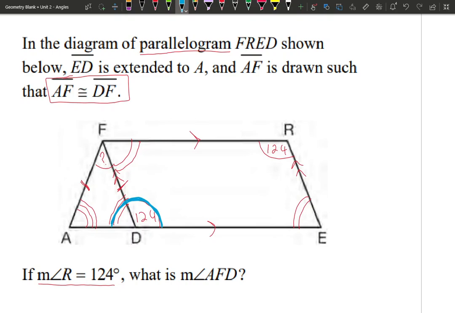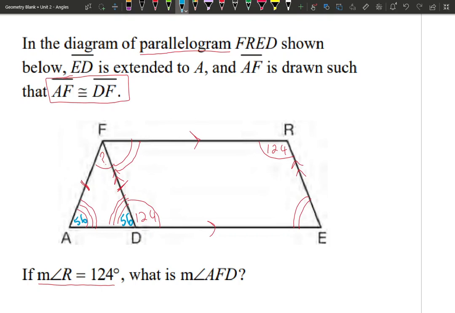So what is 180 minus 124? 180 minus 124 is 56. So this angle over here is 56 degrees, which means this one is also 56 degrees because we already know that the base angles are congruent.